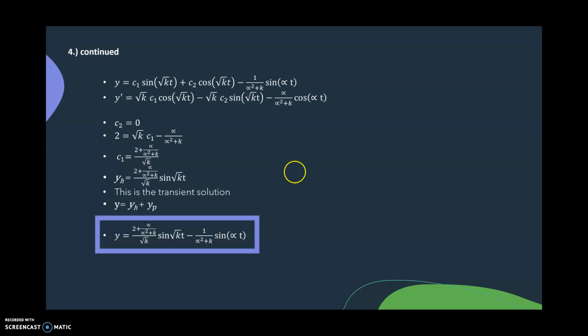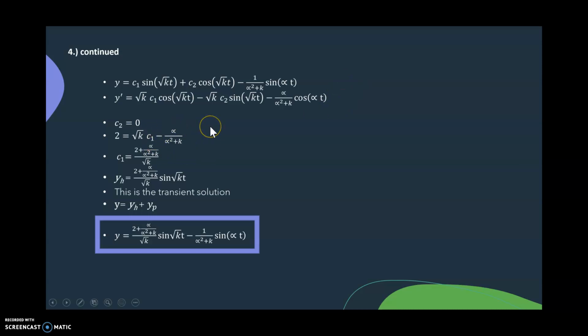We take the derivative of that, and we find that the derivative of y equals the square root of k times c1 times cosine of the square root of k times t, minus the square root of k times c2 times sine of the square root of k times t, minus alpha divided by alpha squared plus k times cosine alpha t.